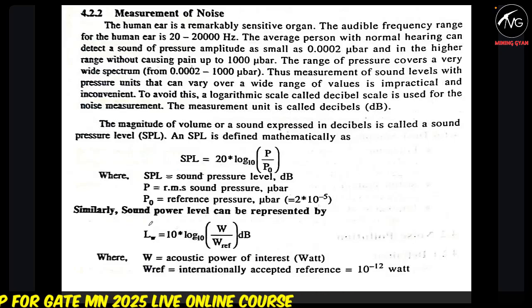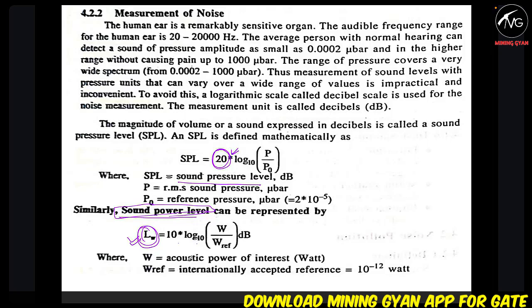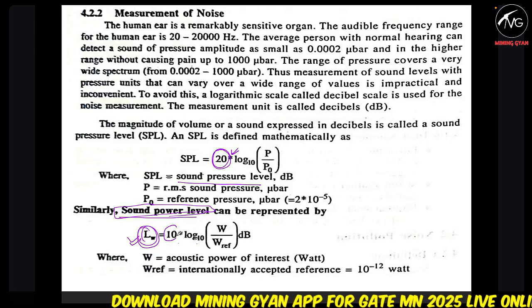Second formula is sound power level. First we have seen sound pressure level, now we are seeing sound power level. It is represented with LW, 10 log, where in the sound pressure level it was 20, but in the sound power level it is 10.